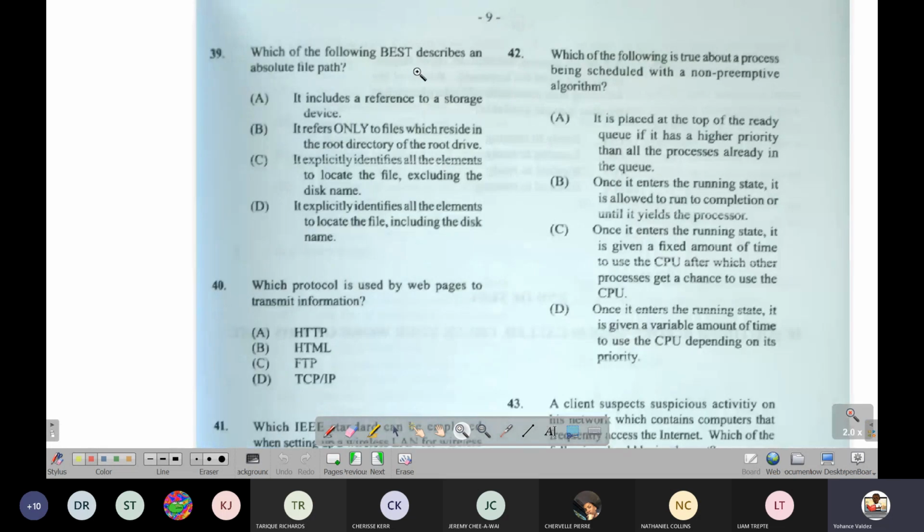Which of the following best describes an absolute file path? Okay, let me give an example of an absolute file path on a computer system. I'm going to take a screenshot of my computer and show an absolute file path as an example.